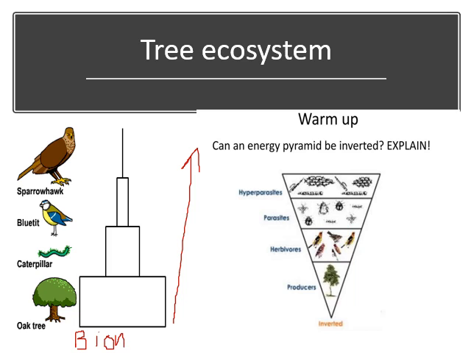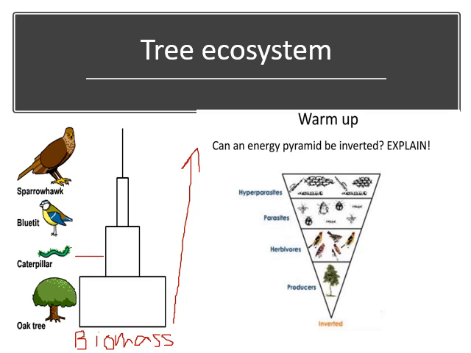There is this single tree, but its biomass is maximum. Its biomass is more than all the consumers. Then caterpillars, their biomass is less than the tree, and then there are some birds which feed on these caterpillars, and then hawks or tertiary consumers, their mass is even less than the biomass of the secondary consumers. So this is an upright pyramid.